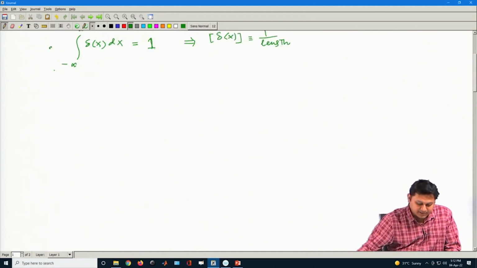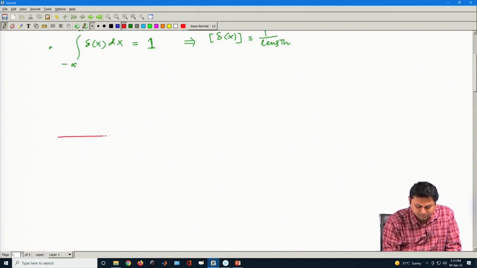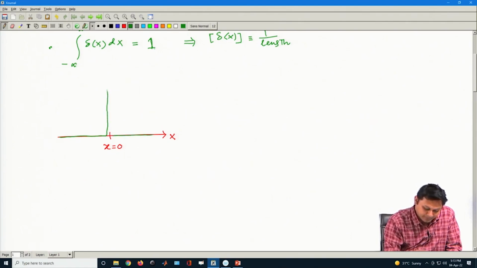Now, if I visualize this function, how does it look? Suppose this is my x axis and this is the x equal to 0 point. If I plot my delta function here, it is 0 here, it is 0 over here, and suddenly it shoots up to a very high value.